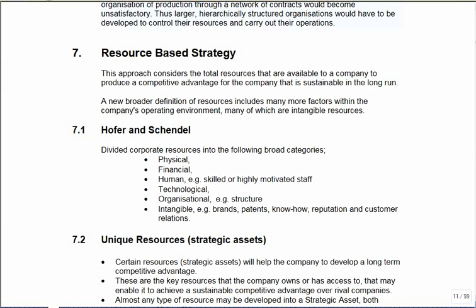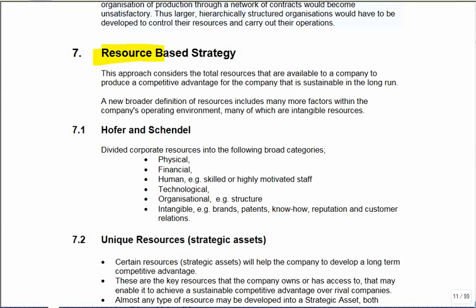Now, resource-based strategy says the starting point for strategy is to look at your resources. So what resources do we have internally, and hence what can we do with those resources?